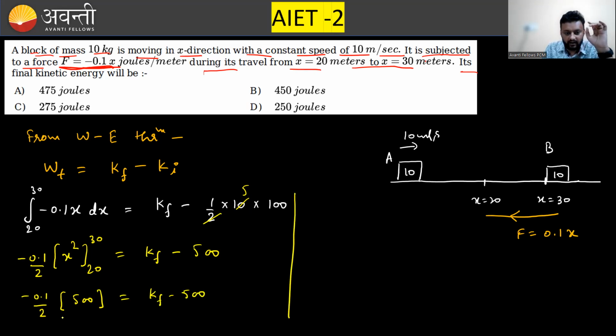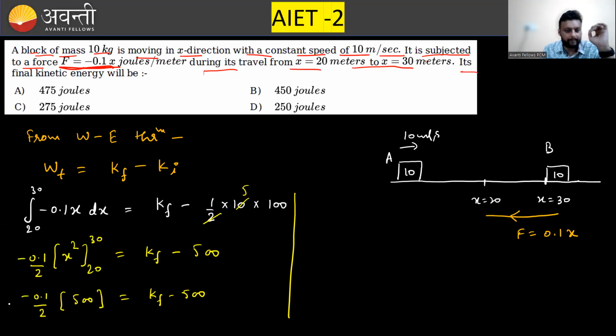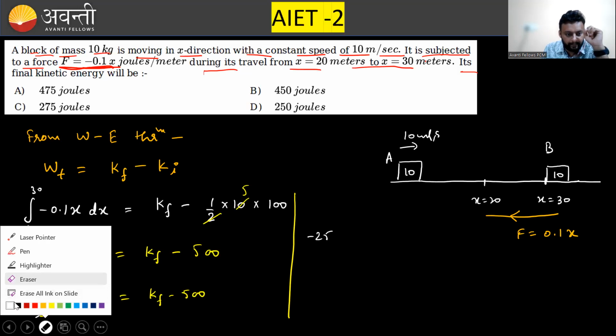Now the next part I will do on this side. Okay. You can simplify it. That is 250. 0.1, that means 25. Minus 25 is equal to K final. Or can I transfer this 500 to this side?